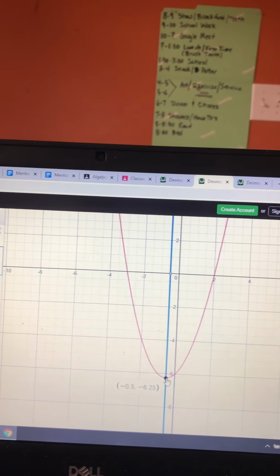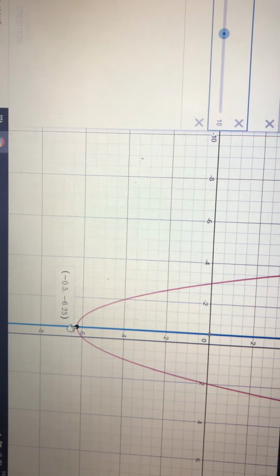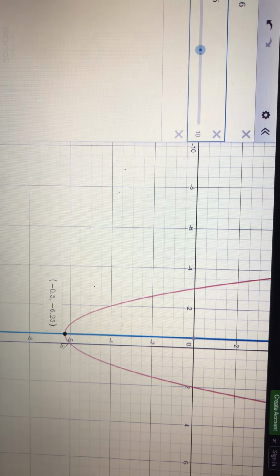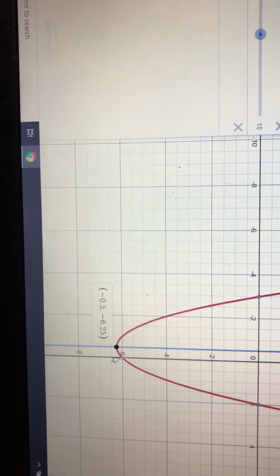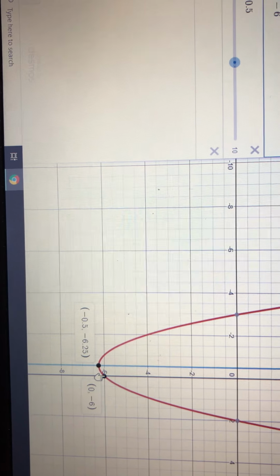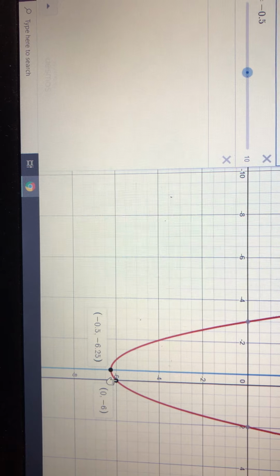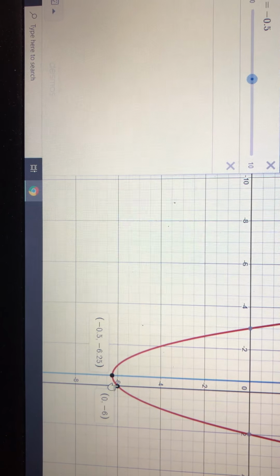So remember, the first thing that we noticed about this particular graph when we did our calculation is we determined that the y-intercept of the graph should be negative 6. And if I look at my graph right here, there is the y-intercept, the place where my red parabola touches the y-axis is in fact at (0, -6).